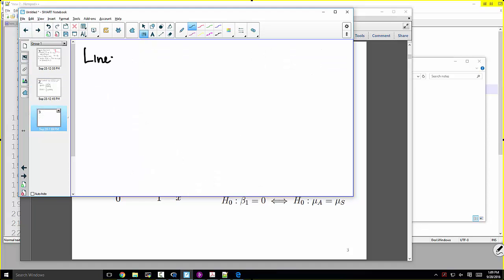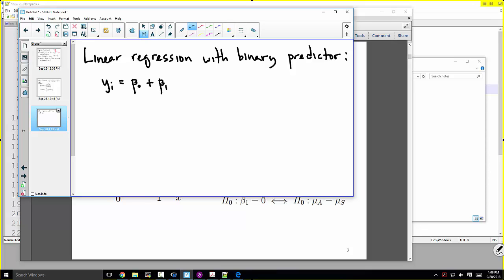Linear regression with binary predictor variable. Our model is y_i equals intercept plus slope x_i plus epsilon_i, where the epsilons are IID normal, 0, sigma squared.